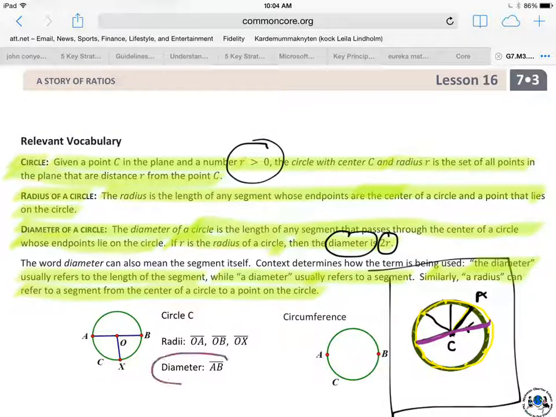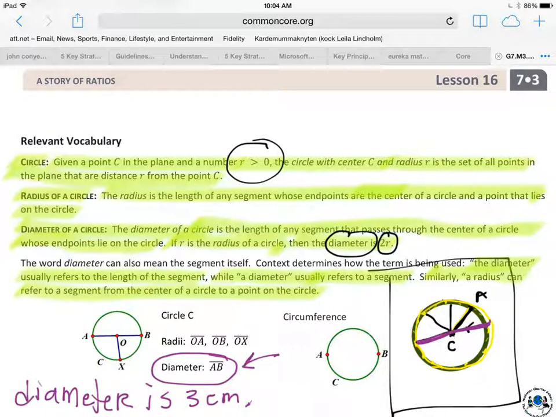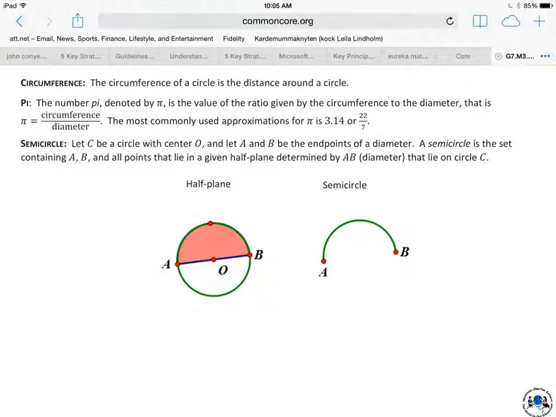You can name it right here, diameter AB, or I could say the diameter of the circle is 3 centimeters, in this case, I'm measuring it. But I could also say a diameter of this circle C is segment AB.